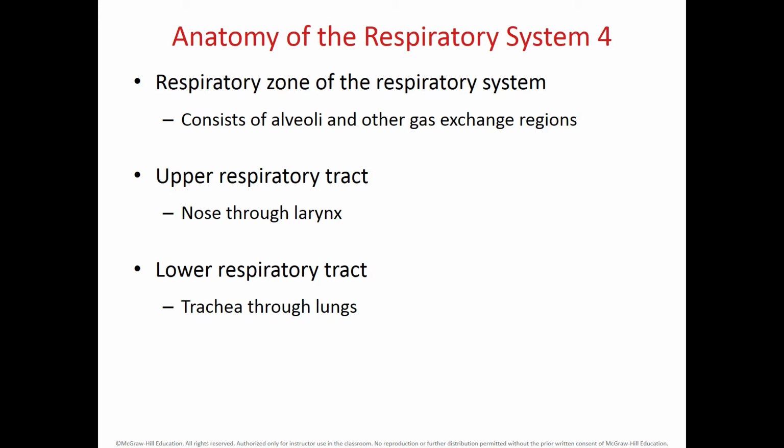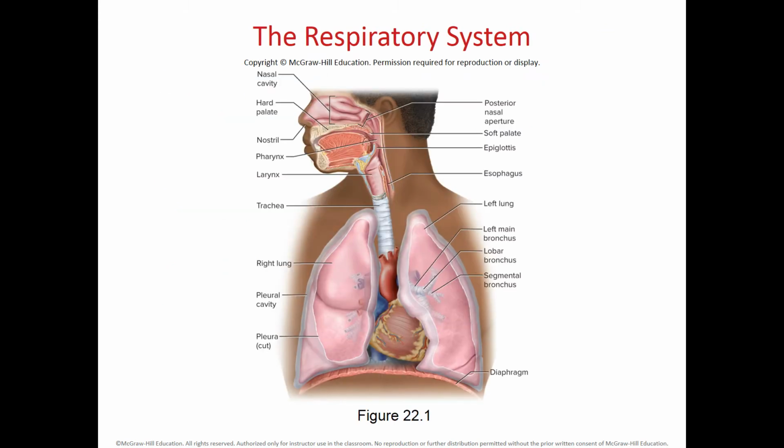Any organ in the respiratory system that is located above the larynx is called the upper respiratory tract, and anything below the larynx will be called the lower respiratory tract. This is the overview of the structures of the respiratory system.